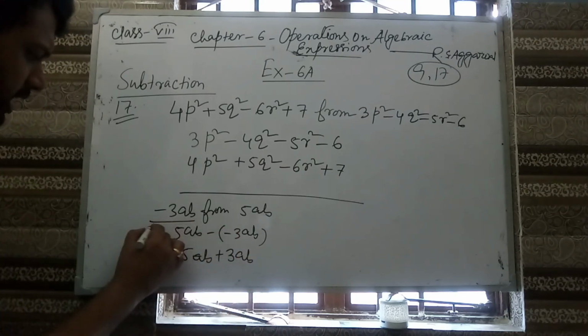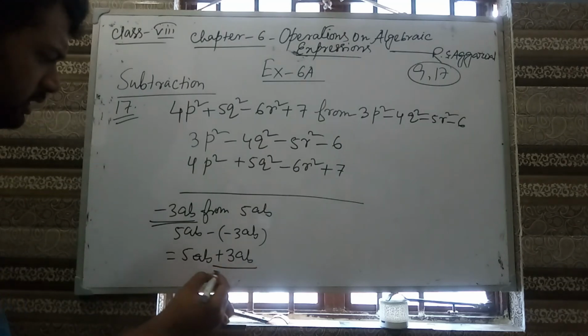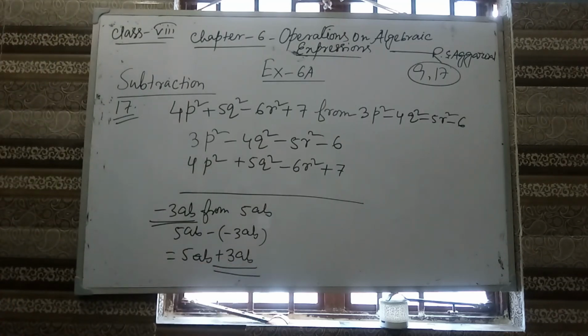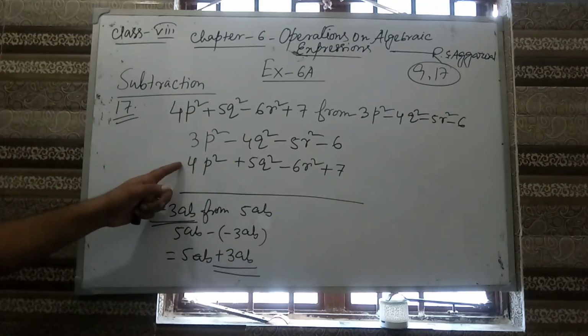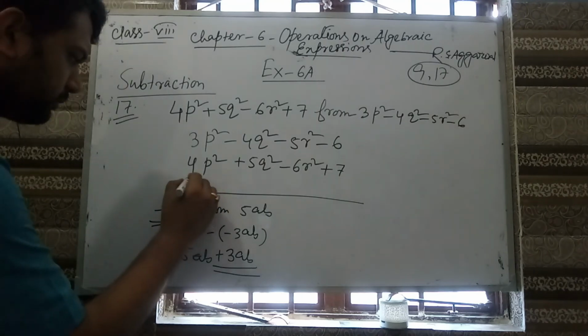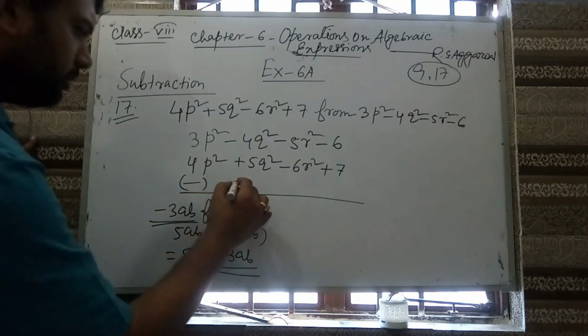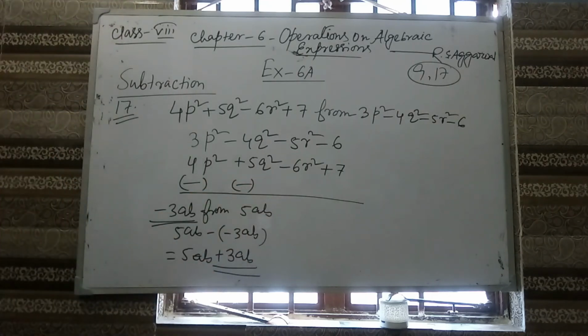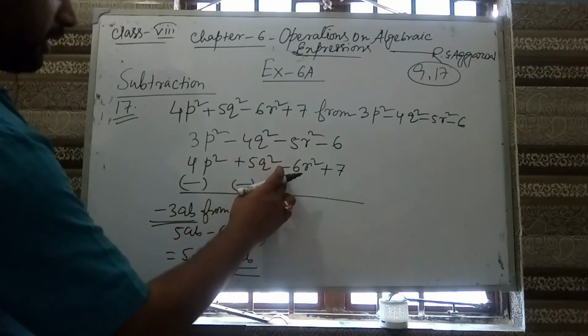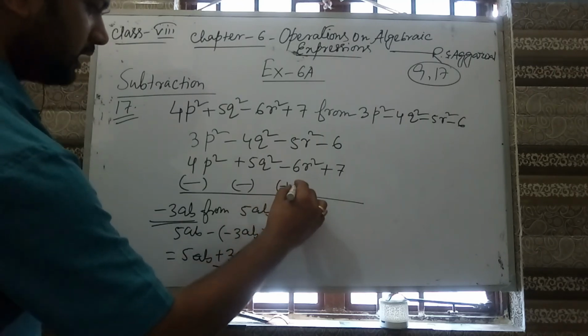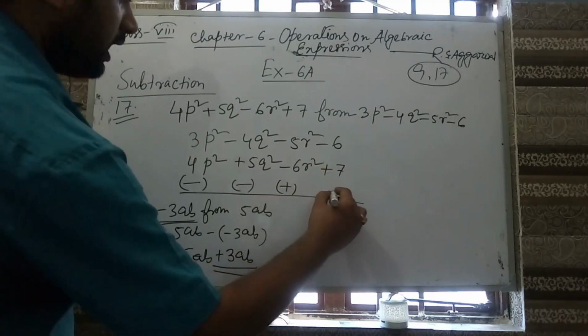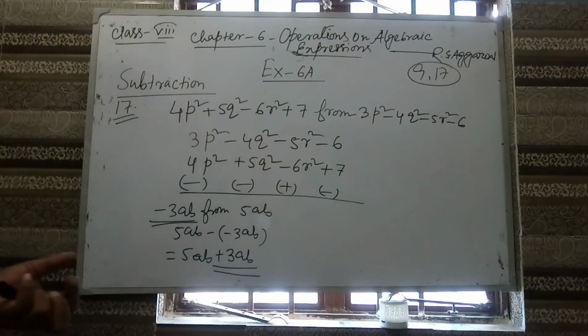Look, it was minus, but when we are calculating, it has become plus. So that means when we subtract, the sign changes. If it does not have any sign, it means it is plus. So what will be its present sign? It is minus. It is plus. So what will be the actual sign? It was minus, its sign will change to plus. It was plus, its sign will change to minus. Clear? Now look.